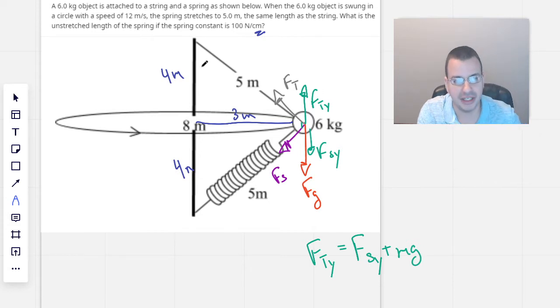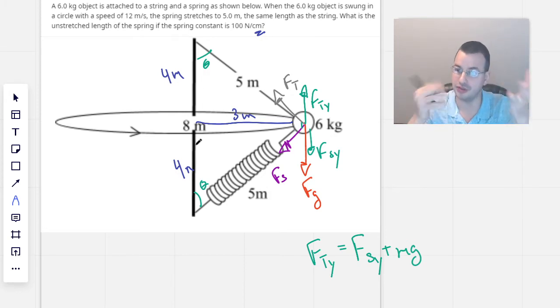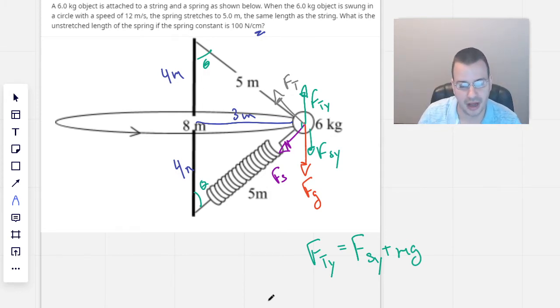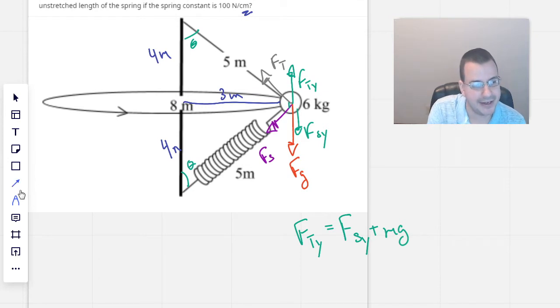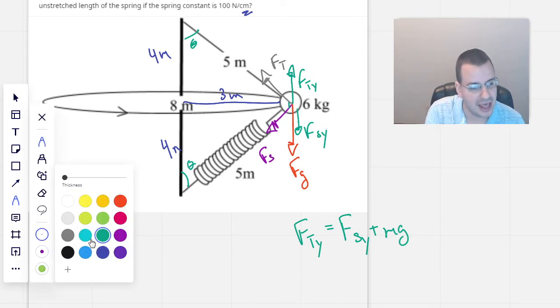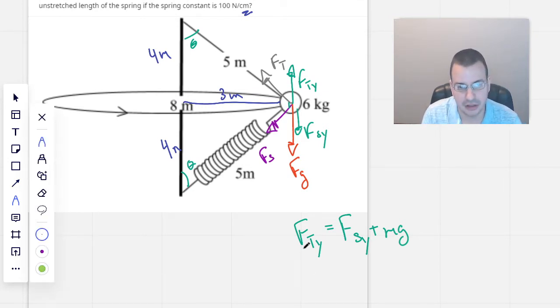So now I want to convert these into just force tension and force spring. And so I'm going to call this angle here theta, which is going to be the same as this angle theta here because they're similar triangles. They're just one is flipped over the other. They're both 3, 4, 5. And if we use that theta, to get the y, which is right here, that'll be the cosine of the angle.